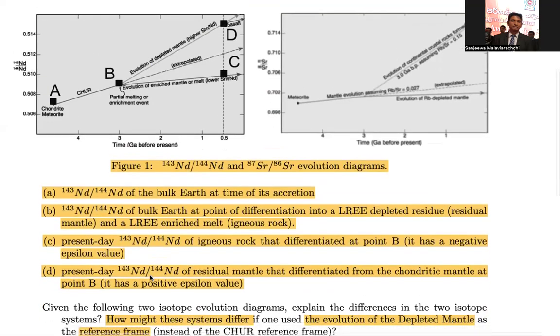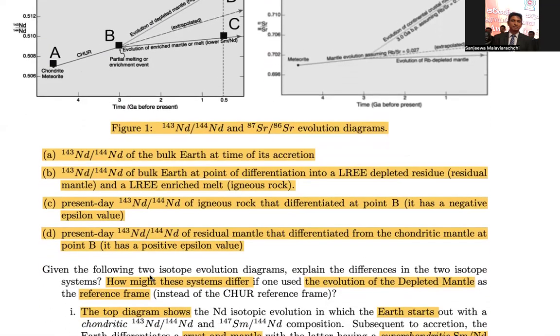So you have to remember the model age equation and the epsilon calculation equations, because these are the principles for determining how your sample compares in neodymium composition. That is what you get from the epsilon neodymium value.